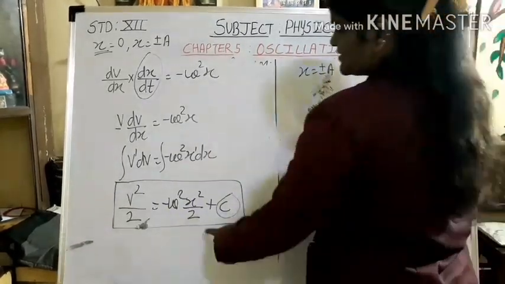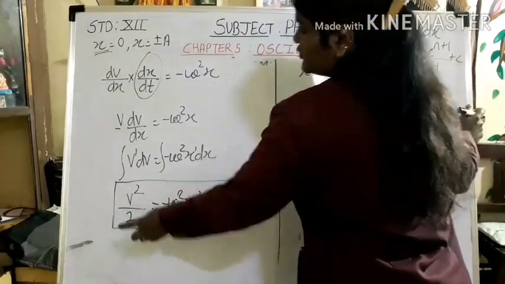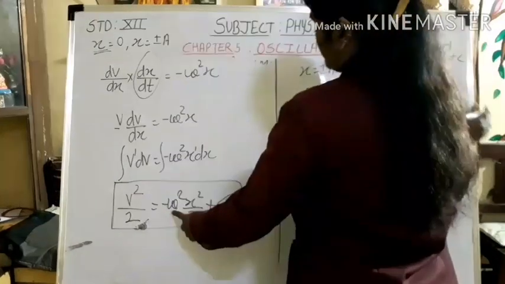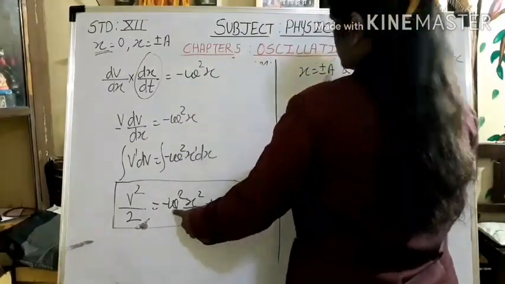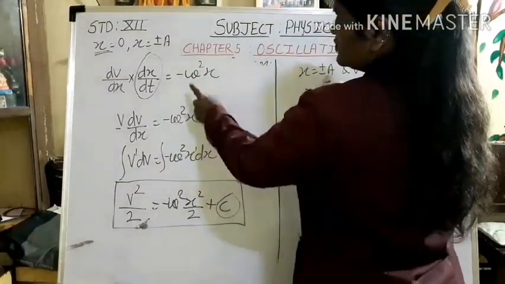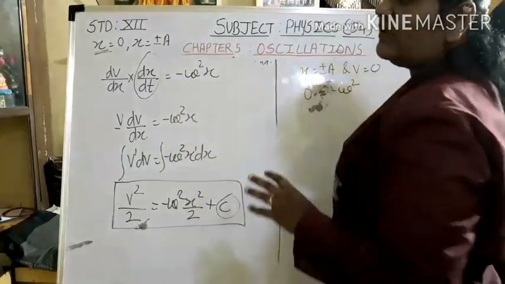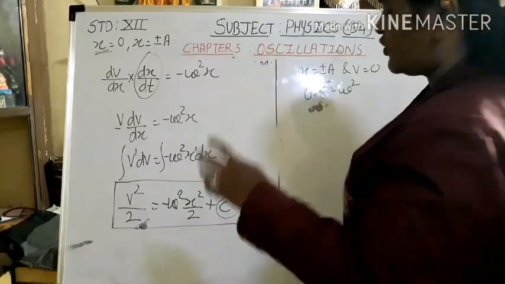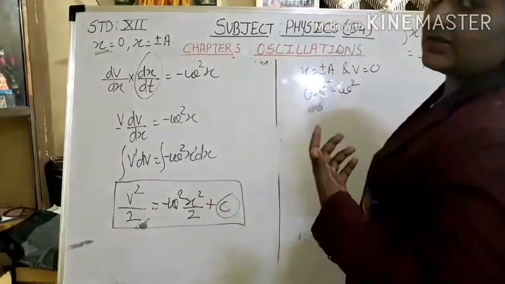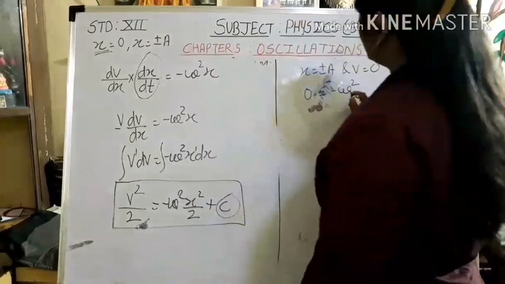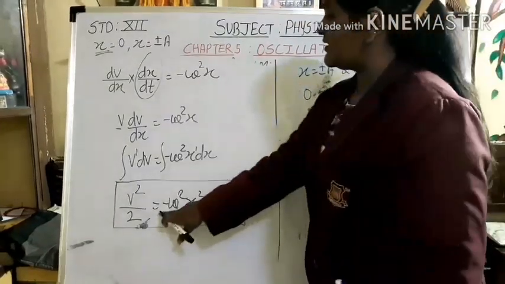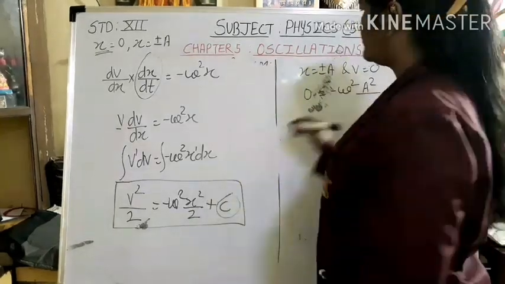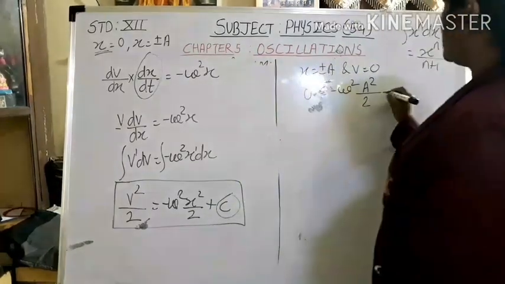By substituting this in this equation, v square by 2 is there, so 0 square, I will get 0 over here, is equal to minus omega square x square by 2. Whether we are taking minus a, it will become plus, and if we are taking plus a, it will again be plus, because it is the square of that. So this minus sign will be as it is. So minus omega square a square divided by 2 will be as it is, plus c.